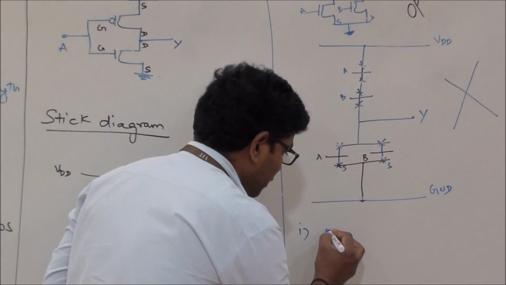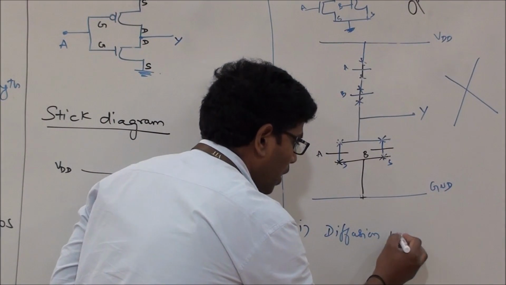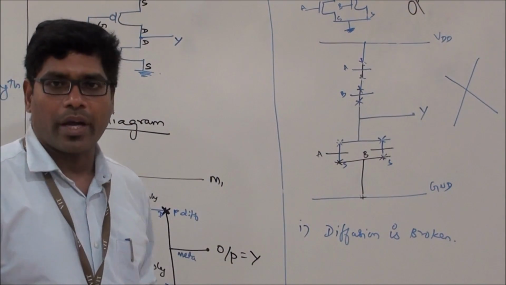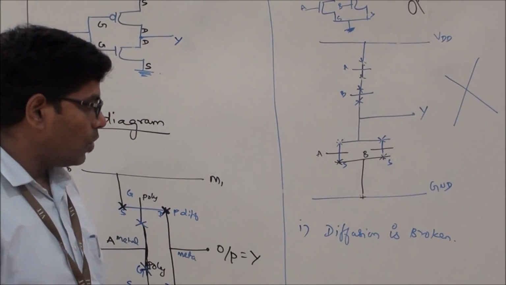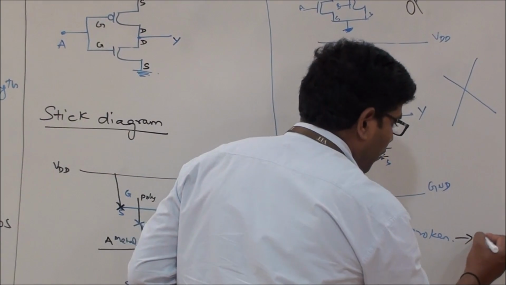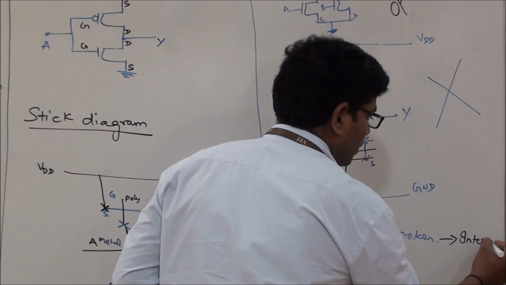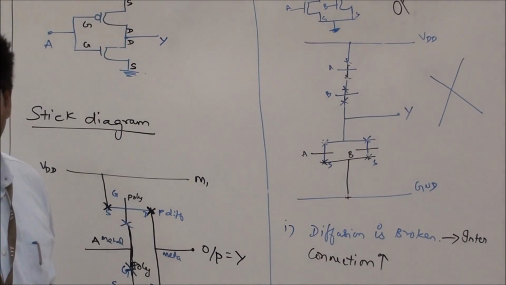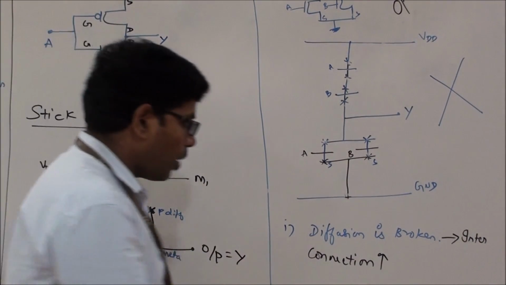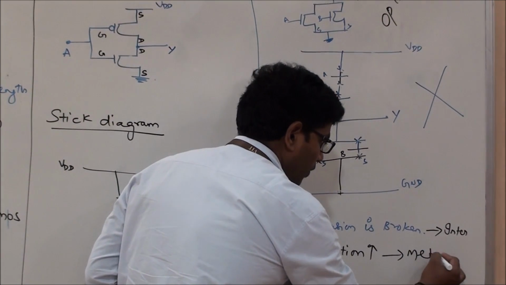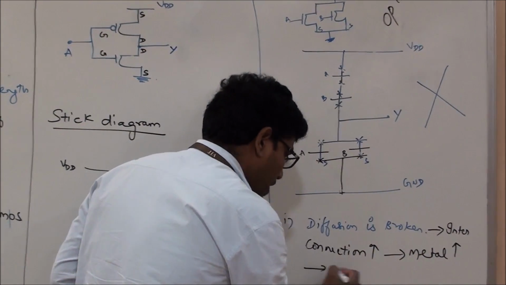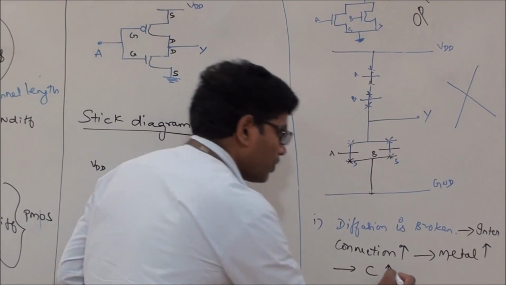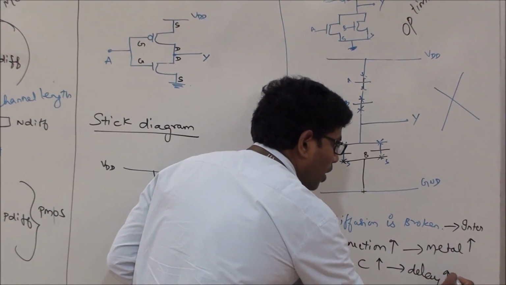Since the diffusion is broken, it naturally leads to more interconnections, more metal layers, which subsequently leads to more parasitic capacitance, which again leads to more delay and more power.